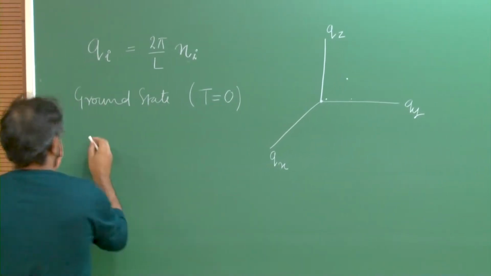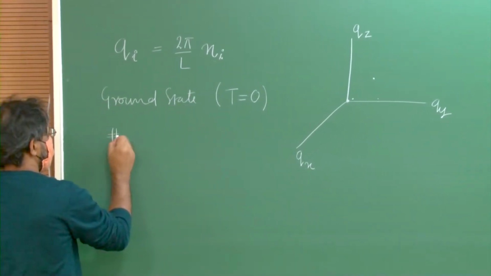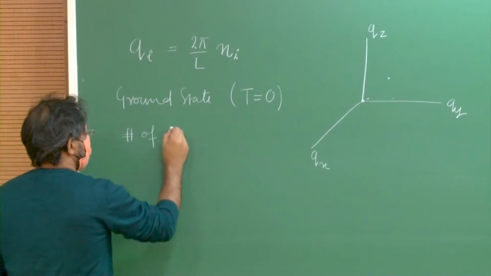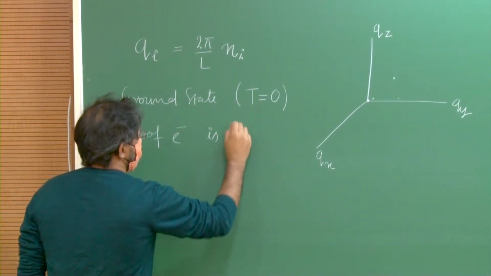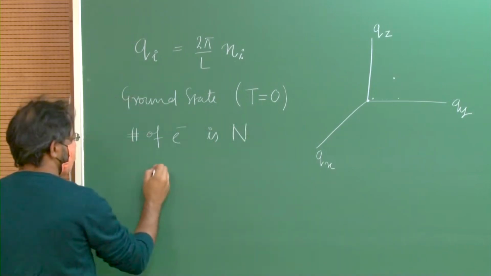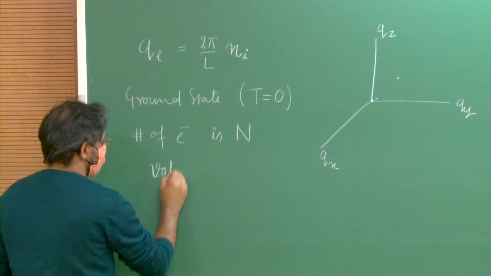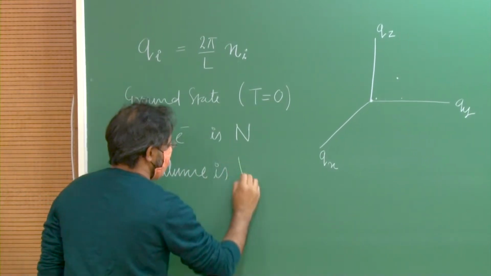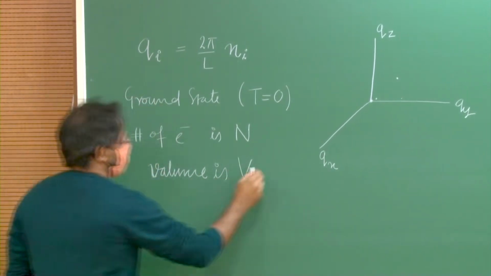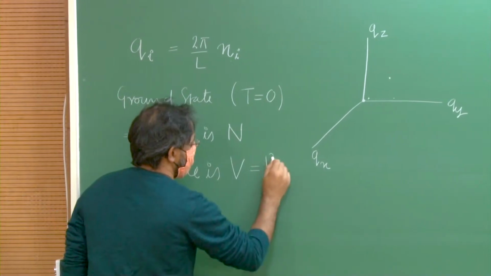Let's say the total number of electrons in the system is N. The volume of your sample is V, which is equal to L cube.